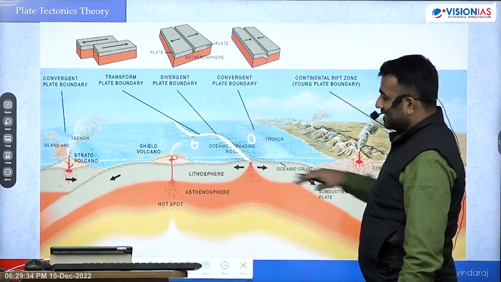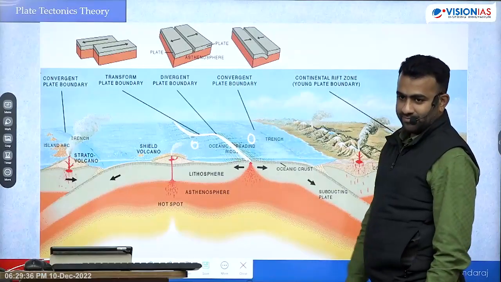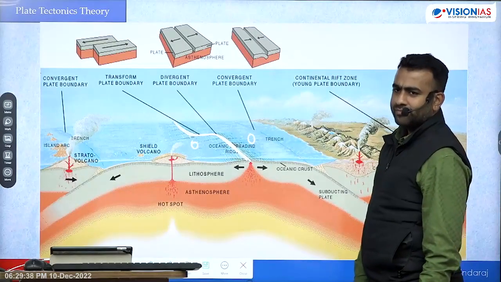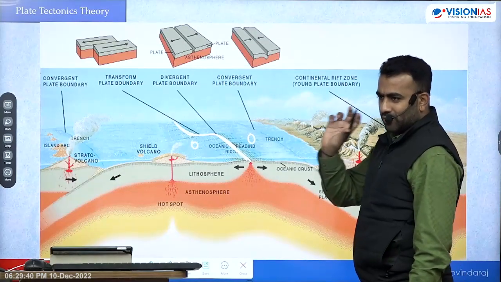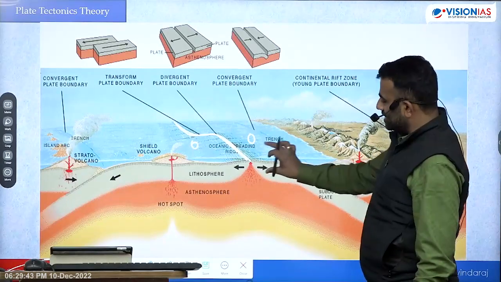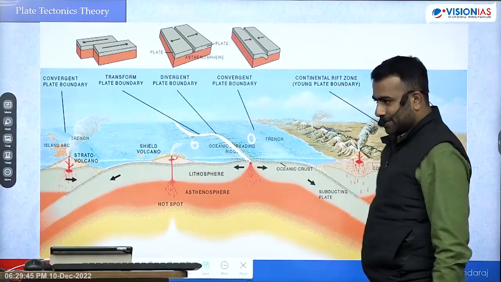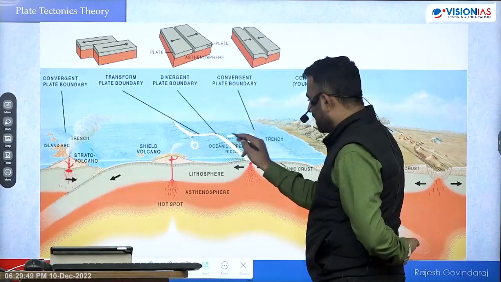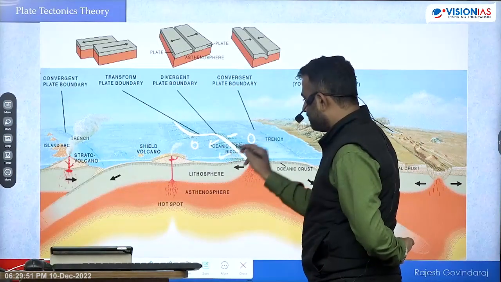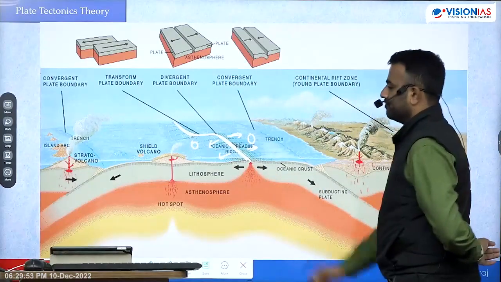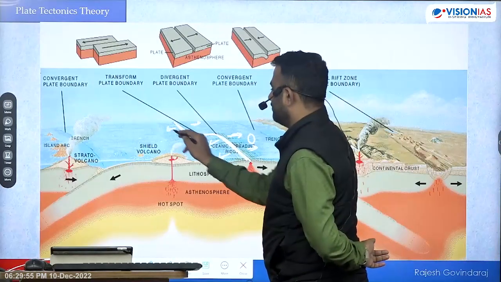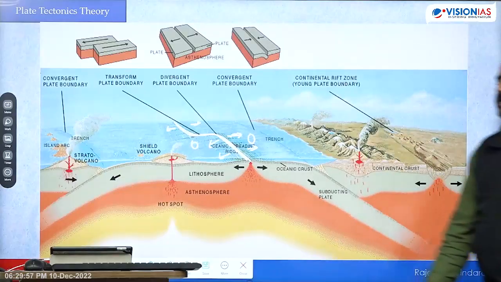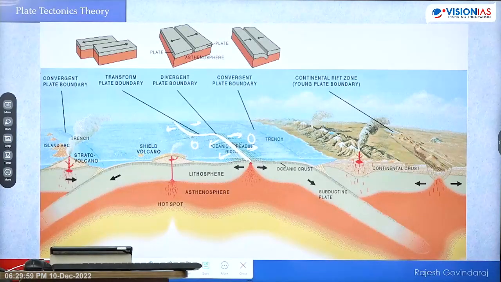It is not necessary that the entire plate has to be oceanic plate. ऐसे तो एक ही plate है. What is required here? Oceanic plate margin. In this case, both the plates are moving away from each other. This is what we call divergent plate boundary.